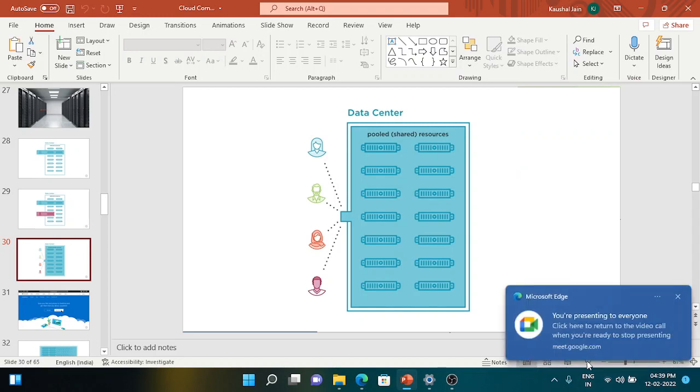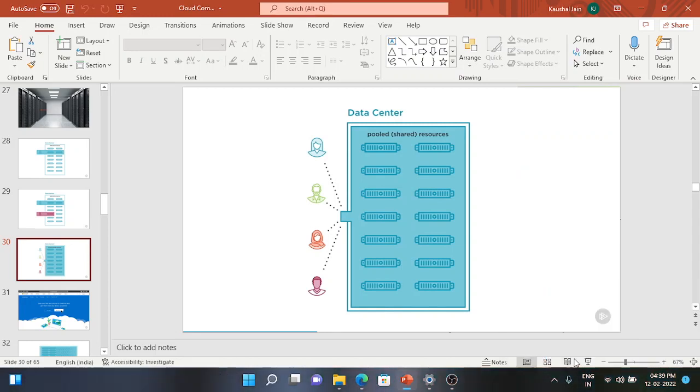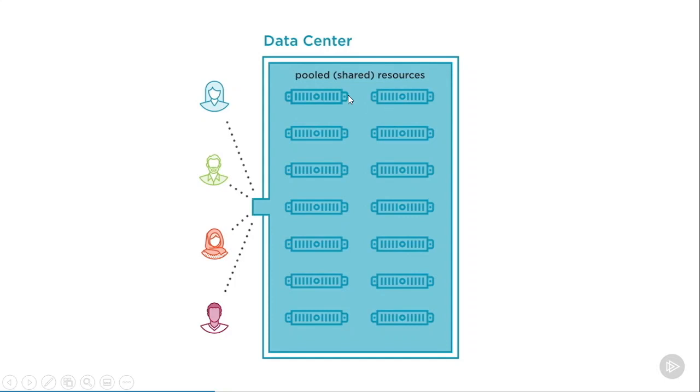So one server has a storage space of 150 GB, another has 250 GB. All these are mixed together and connected, and it's like one big computer. These are connected together, and you get access to this whole pooled share of resources.